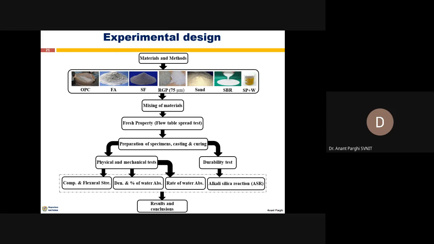First we need to do the materials and methods, then the mixing of the materials. Then the methodology: how we are going to do all the work, what kind of tests you are going to conduct, and then what your result and conclusion are. Your research methodology should be in terms of pictorial or schematic diagrams.